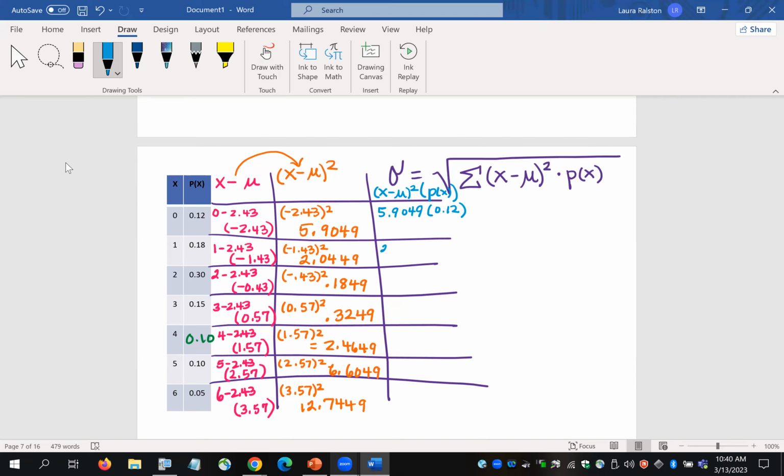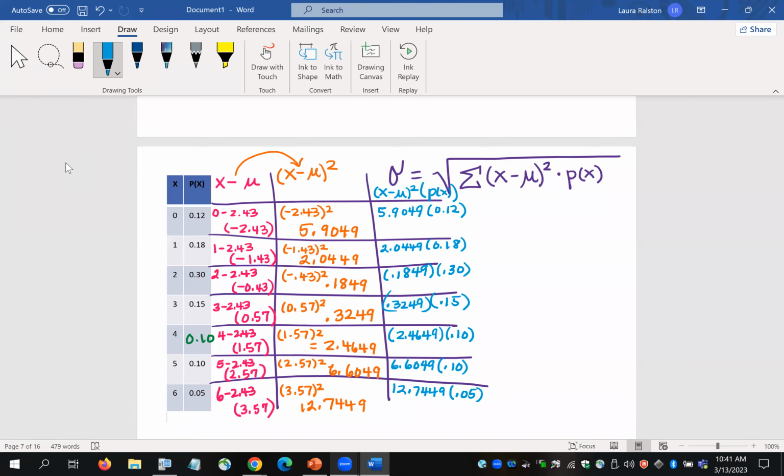I'm going to write all these out. 2.0449 times 0.18. 0.1849 times 0.30. 0.3249 times 0.15. 2.4649 times 0.10. 6.6049 times 0.10, and 12.7449 times 0.05. It's a process.